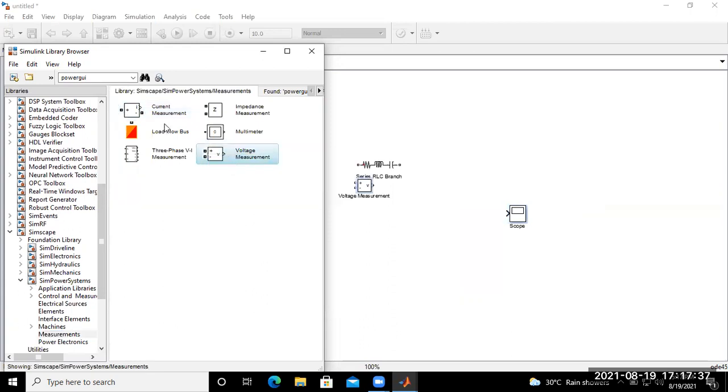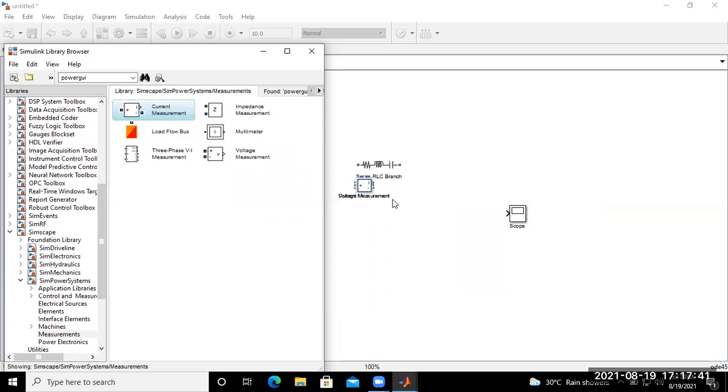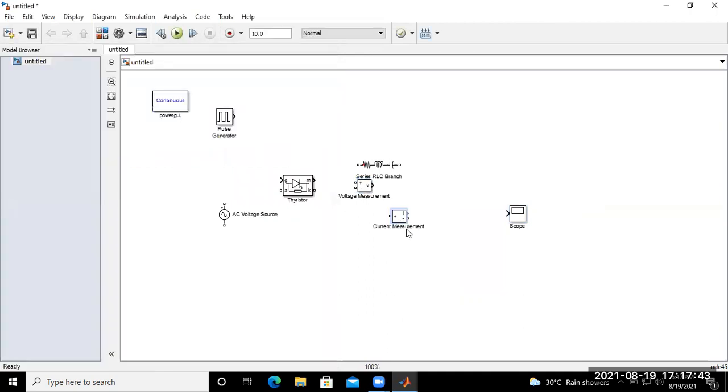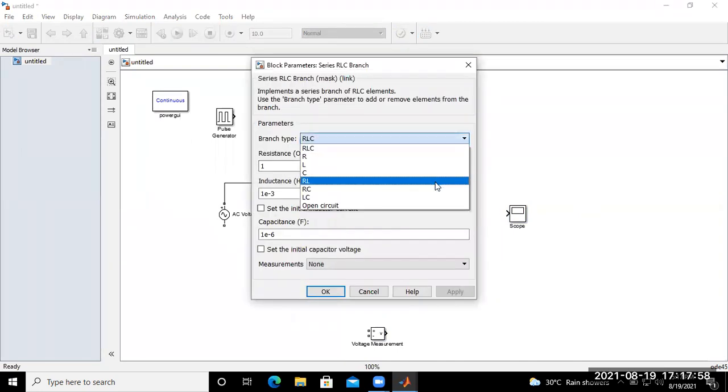So just now just connect this one. Just change this RLC to RL load.